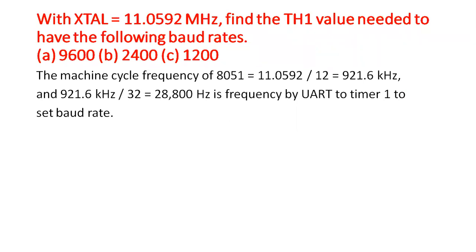Next step, to set the baud rate: now we have 28,800, and I need a 9,600 baud rate. So what is the value I should load to the timer? 28,800 divided by 9,600.